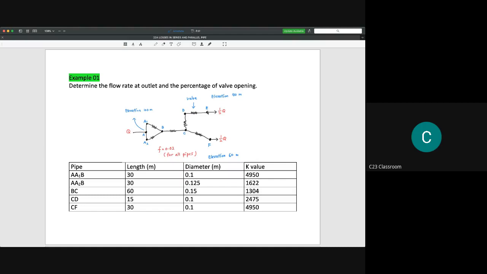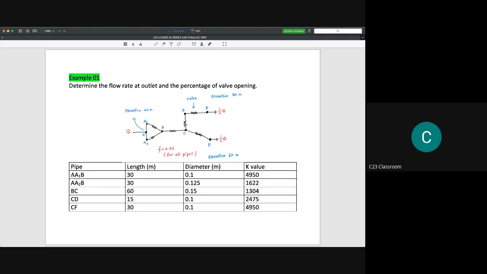However, at point E the pipe is only 40 meters from the datum, and at point F the elevation is 60 meters. We assume that all pipes here have a 0.02 friction factor, and the details for each pipe are shown in this table.